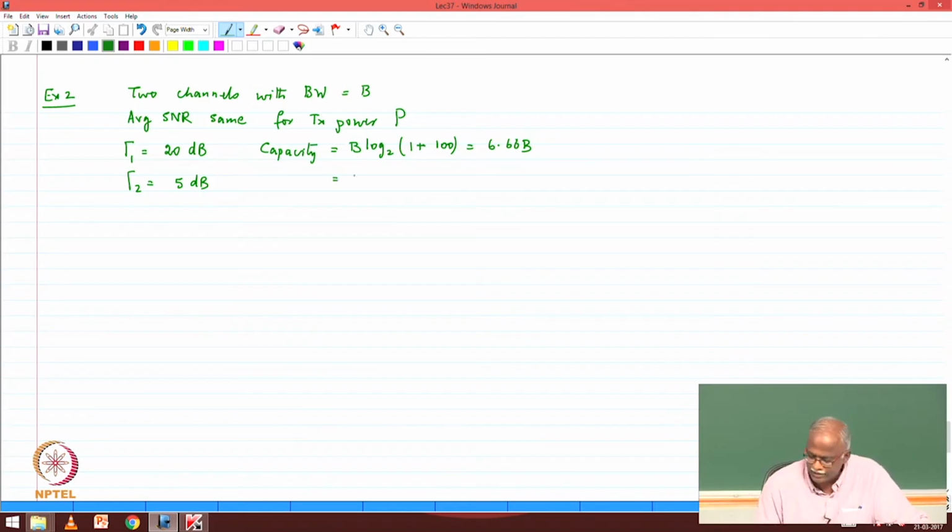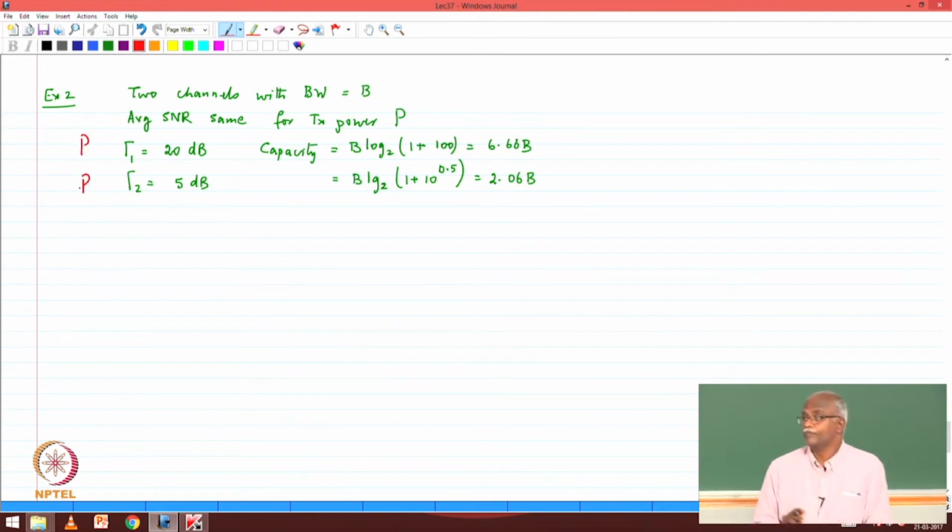Capacity, and this is going to be logarithm base 2 of 1 plus 10 raised to the power of 0.5, which is 2.06B.